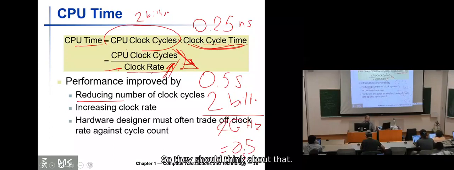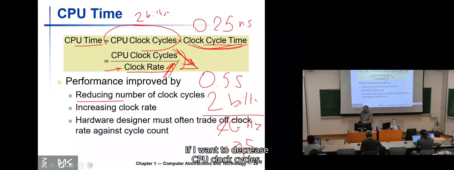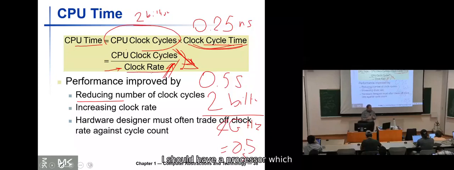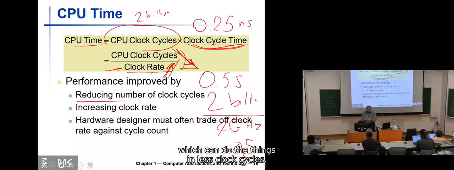Hardware designers should think about that. We want to decrease that one, increase that one. Could we do this at the same time? If I want to decrease CPU clock cycles, it means that I should have a processor which has a more complex circuit which can do the things in fewer clock cycles.